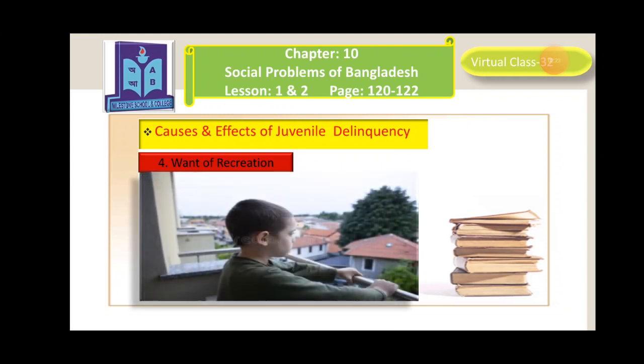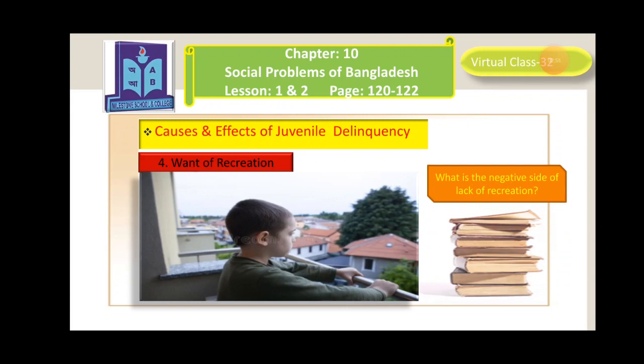So see this child, he is looking outside while staying at home, and his face is like a dumb. Now I am asking one question on my discussion: what is the negative side of the lack of recreation?